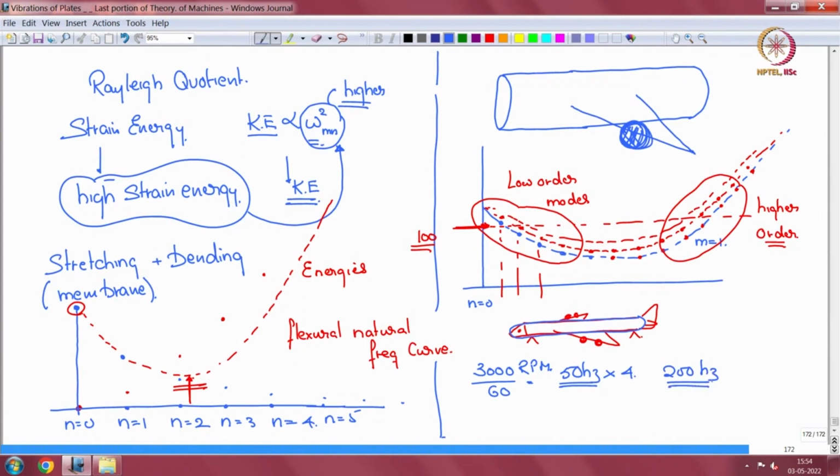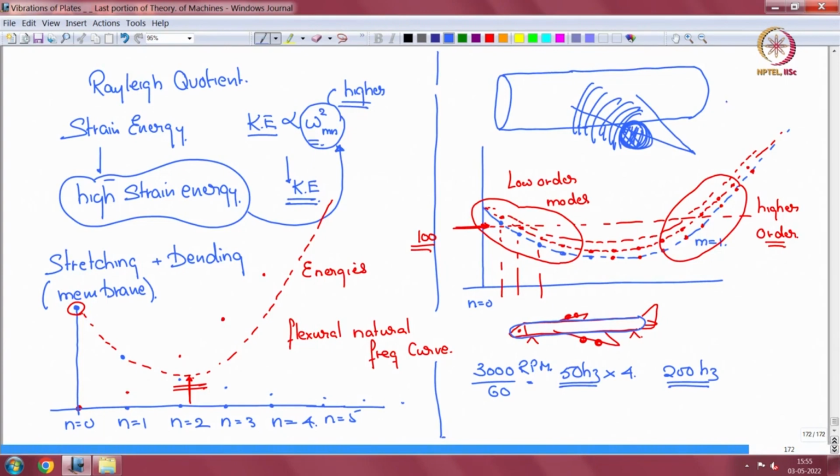Okay. So now at 200 hertz you will have air being pushed towards your fuselage. So if you happen to be sitting inside the aircraft, approximately left, forward or behind the engine, then you will hear this hum in your ear.